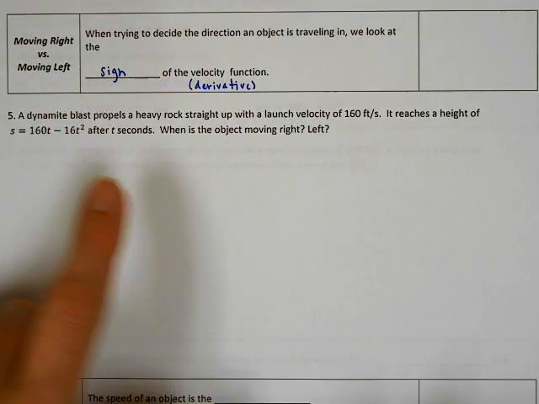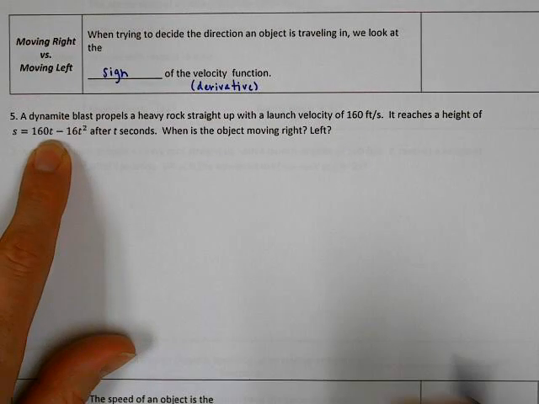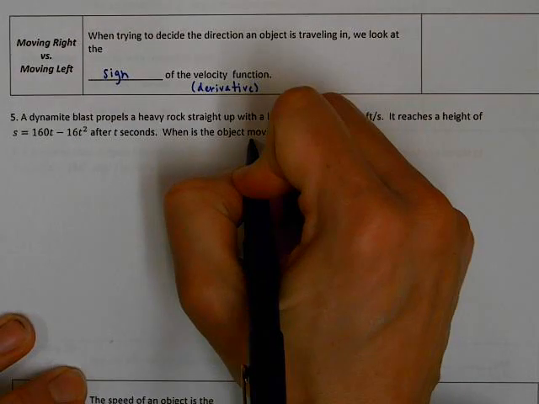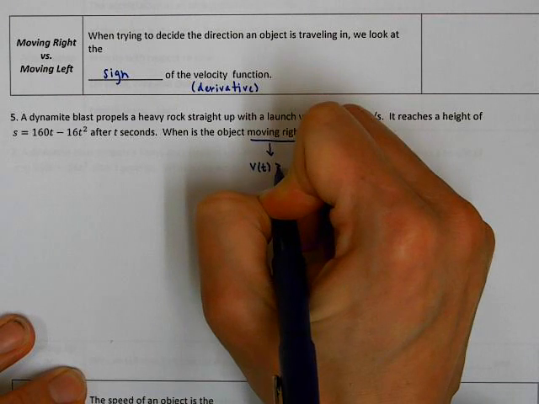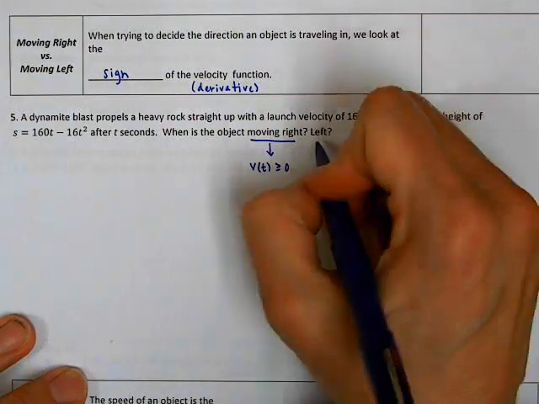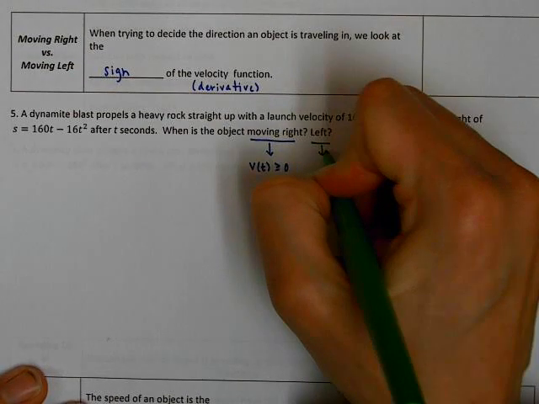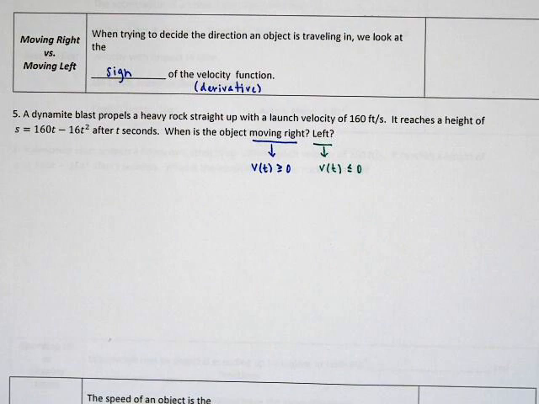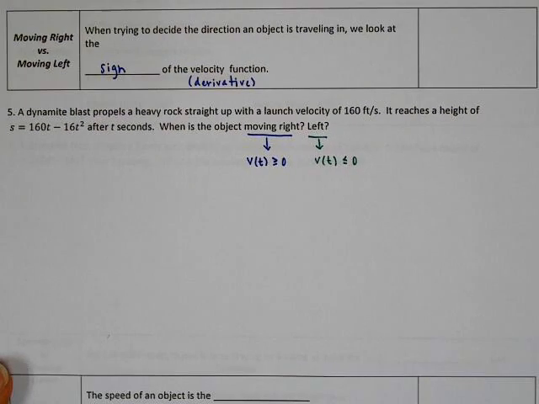All right, so again, we have our same position function here. We want to know when we're moving right and moving left. So moving right means velocity is greater than or equal to 0, and then moving left is going to be when our velocity is less than or equal to 0. Again, since we're looking at a first derivative here, we're going to be working with closed intervals.